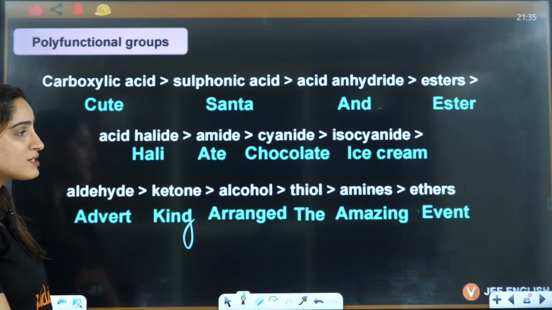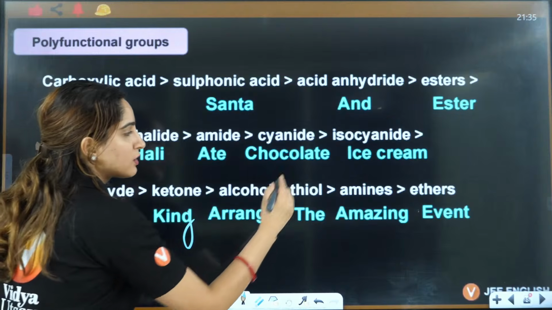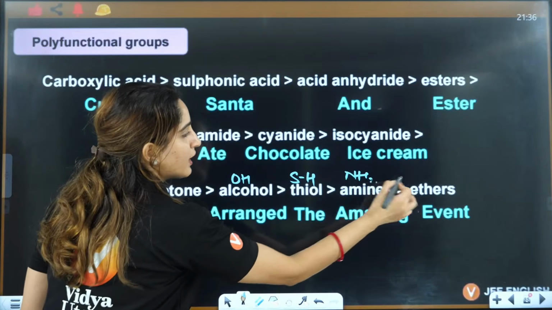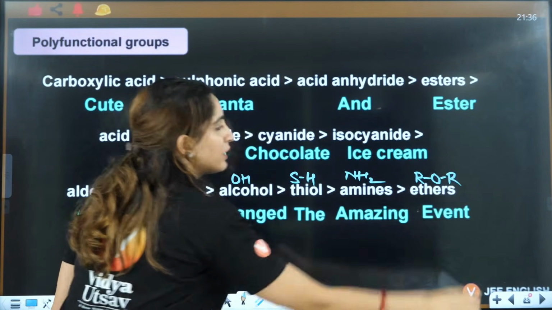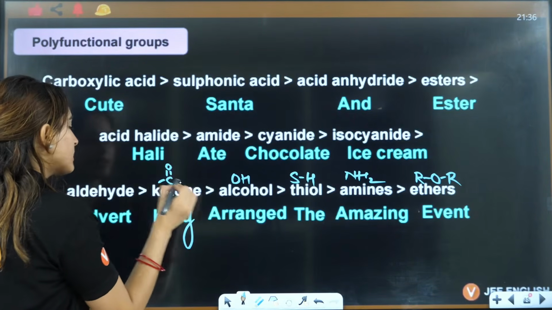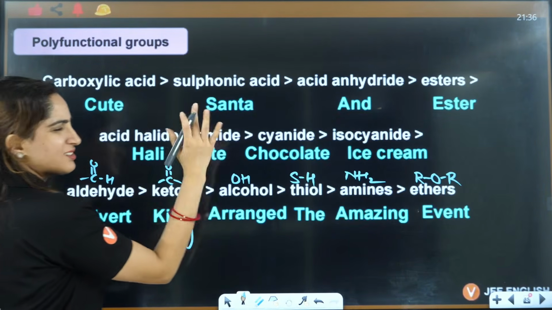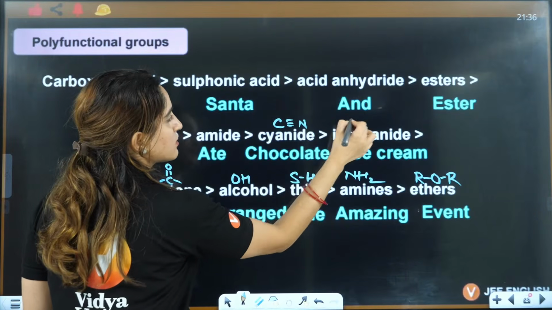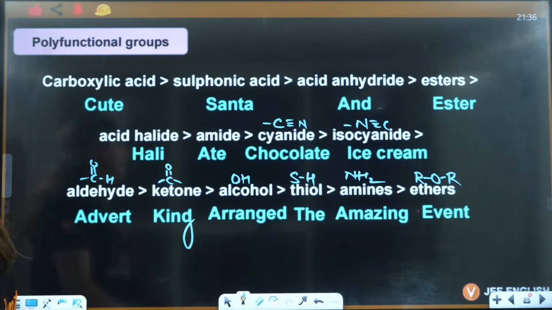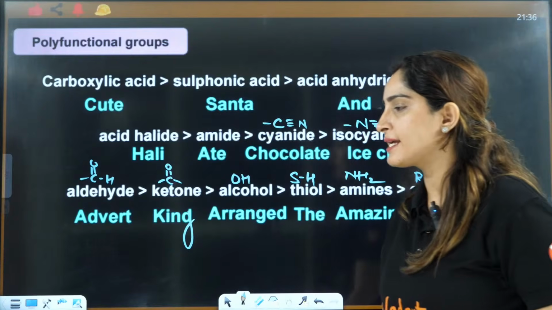Then you will have single bonds like alcohol, thiol is SH, alcohol is OH, amine is NH2, ether is ROR. Ketone is C double bond O, aldehyde is CHO, the cyanide is C triple bond N, the isocyanide is N triple bond C. So you have acid derivatives, then triple bond, double bond, and then single bond.